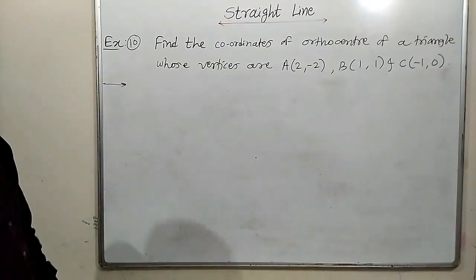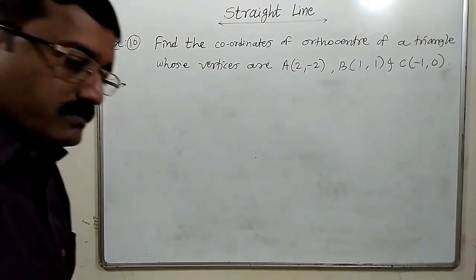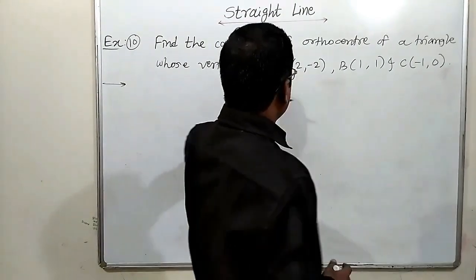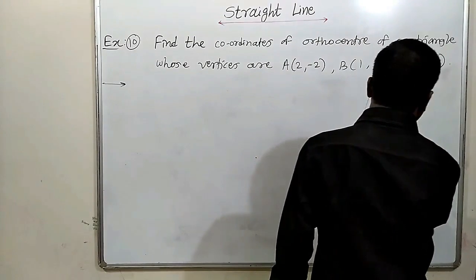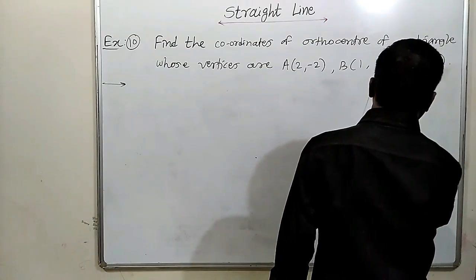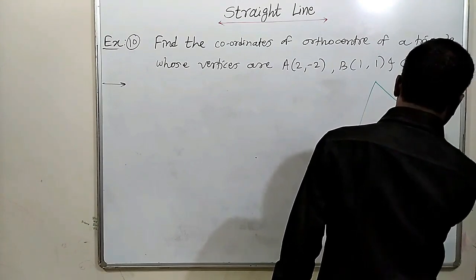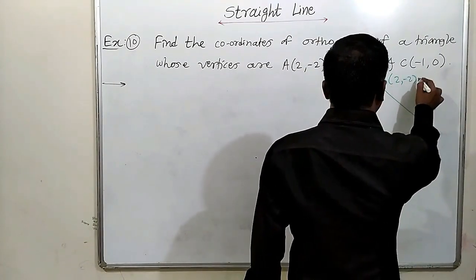Let us see how to solve this type of question. In this question, 3 vertices of the triangle are given. So let us first draw the figure of the triangle. This is point A, that is (2, minus 2).